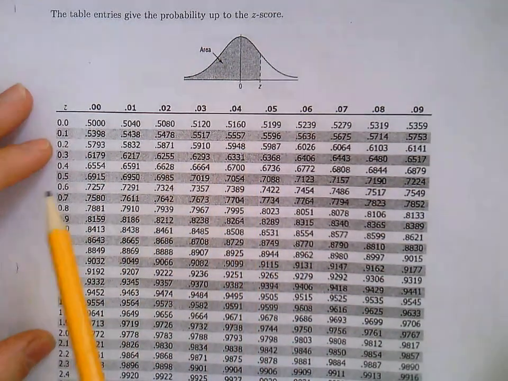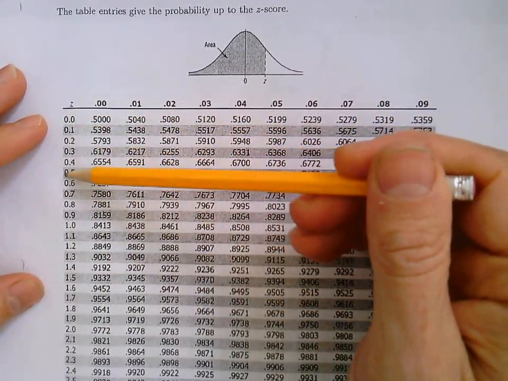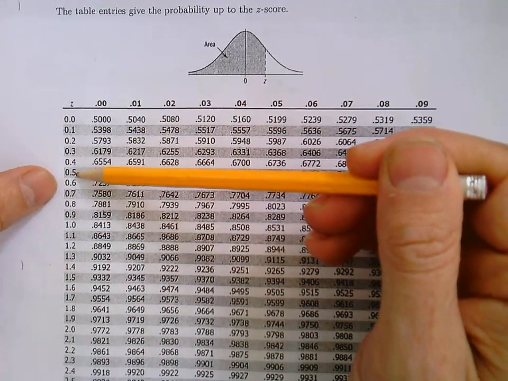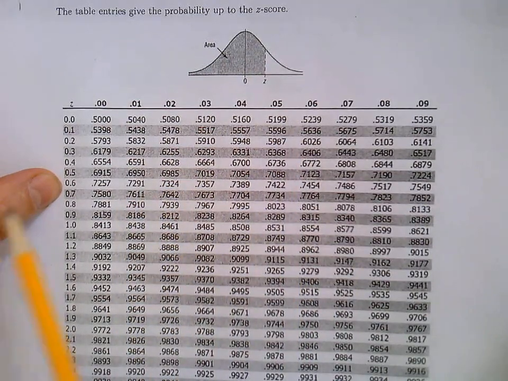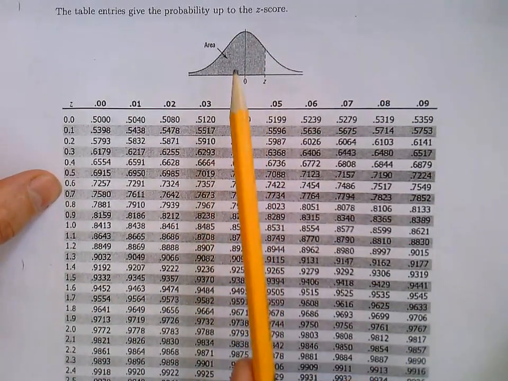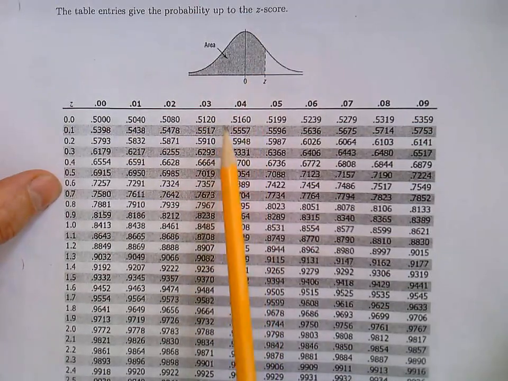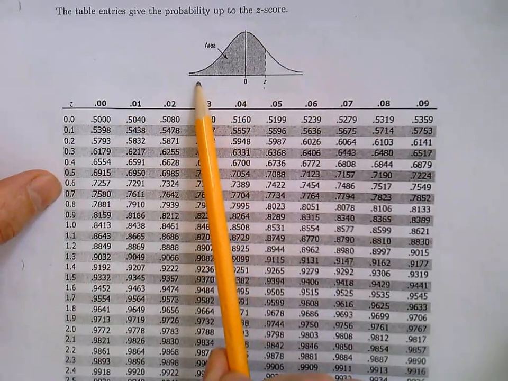So the way you read it, the numbers down the left column give you the ones place and the first decimal digit of your z-score. The numbers across the top give you the second decimal place. And the numbers in the middle, once you locate it, tell you the probability. And it's always, just like in the continuous random variable from last chapter, the probability below that z-score.